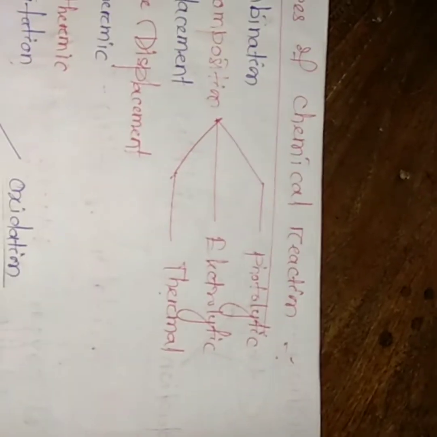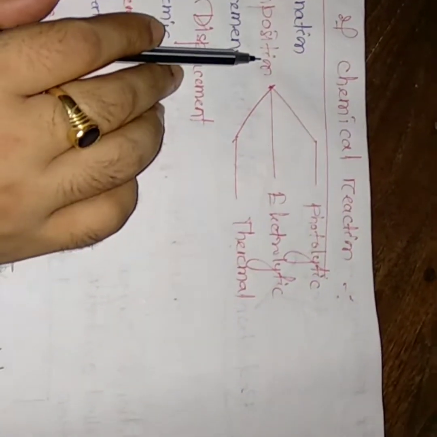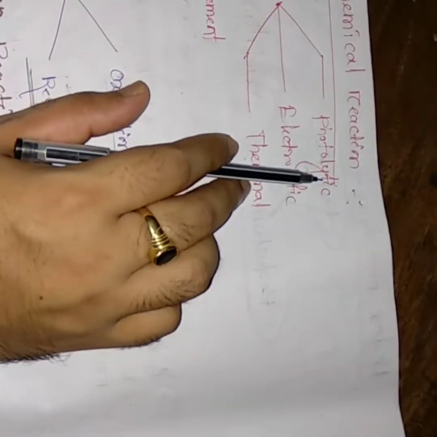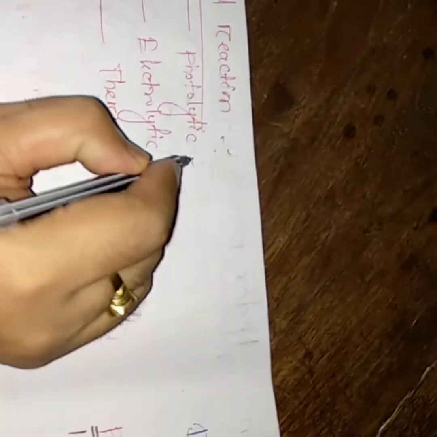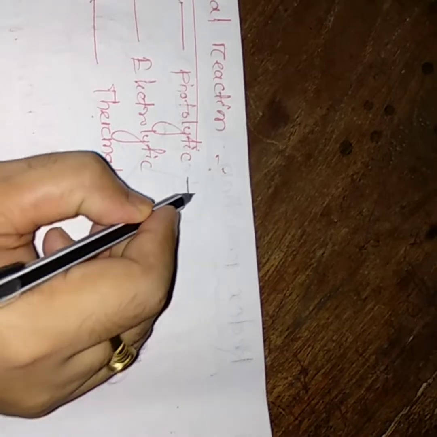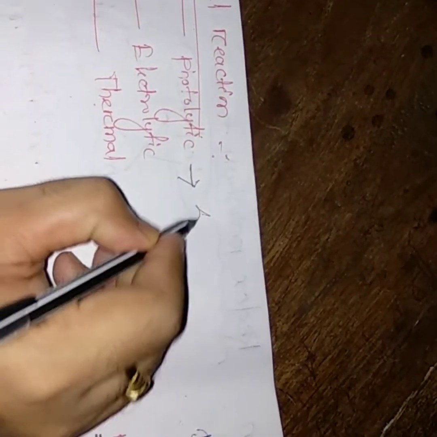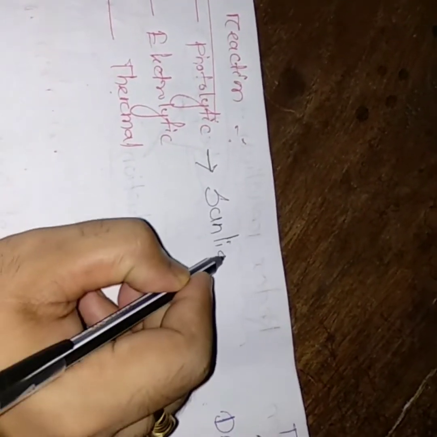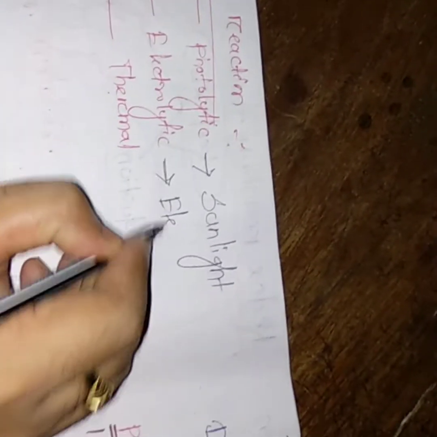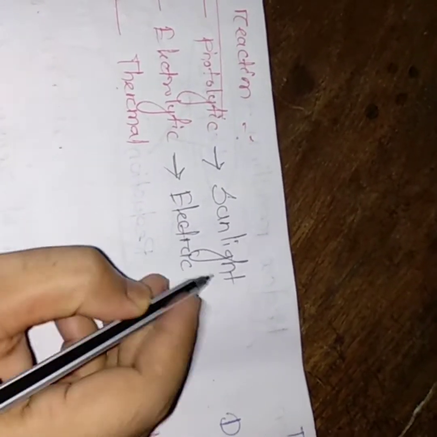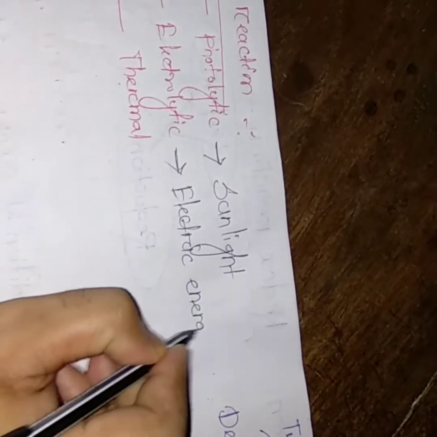So as we know, decomposition reaction is of 3 types: photolytic, electrolytic and thermal. In case of photolytic, decomposition reaction takes place in the presence of sunlight. In case of electrolytic, decomposition reaction takes place in the presence of electric energy.